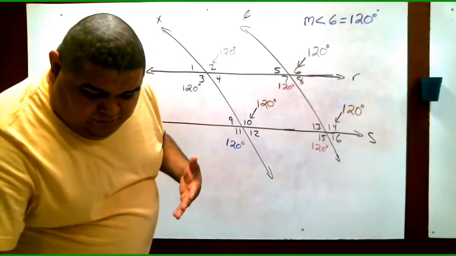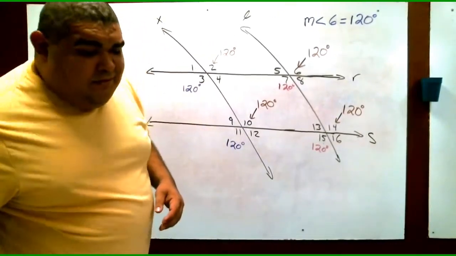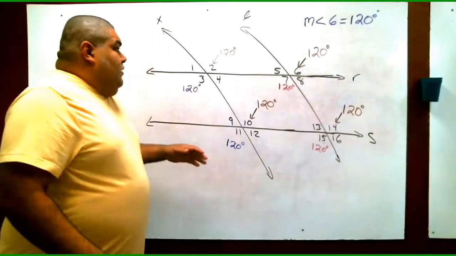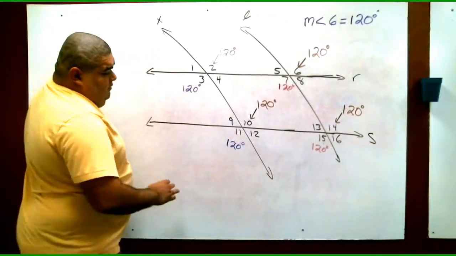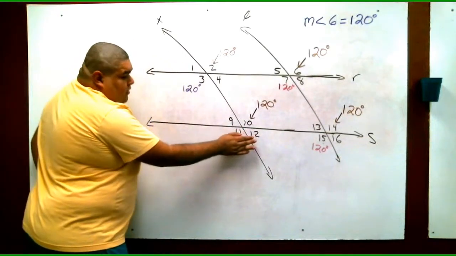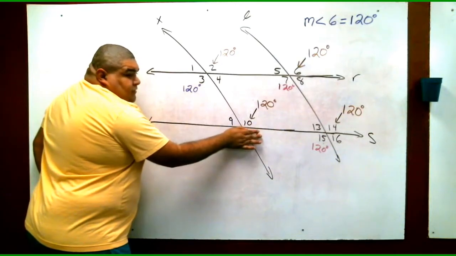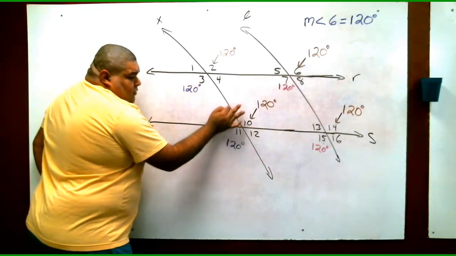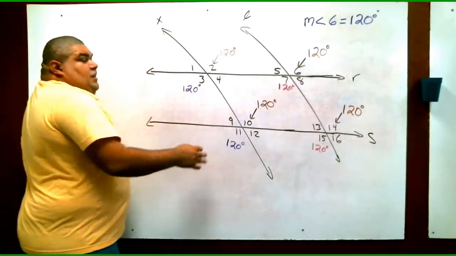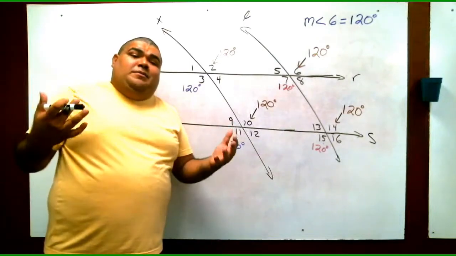If you remember supplementary angles, the angles have to equal 180, right? If you look at this angle here, 9 and 10 become supplementary angles, and this is your linear pair. So if this is 120, the 9 should equal the rest, to equal 180.